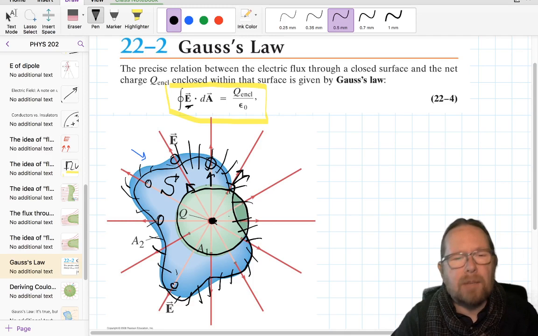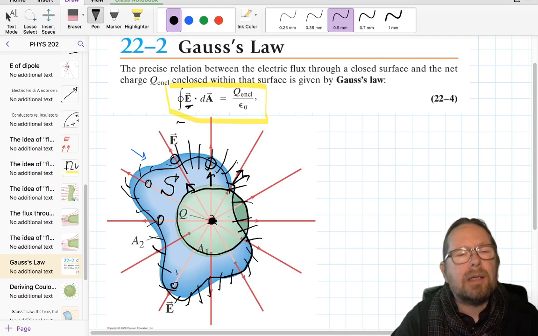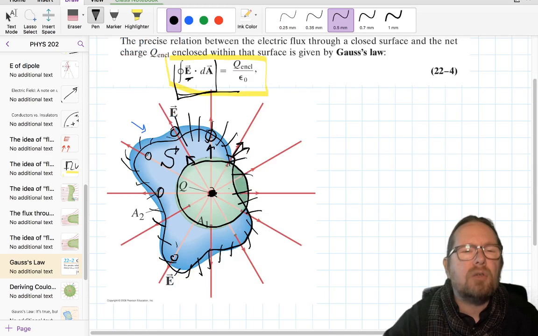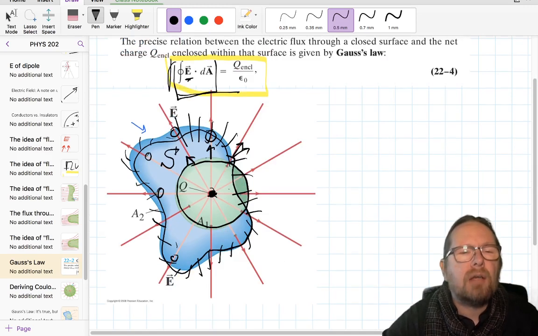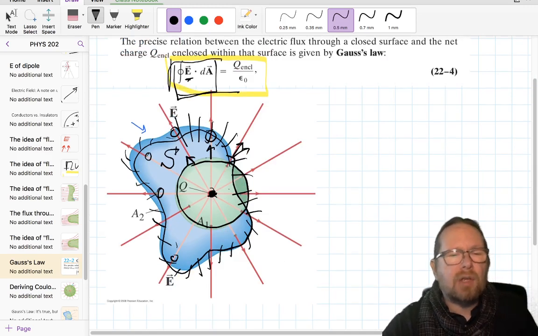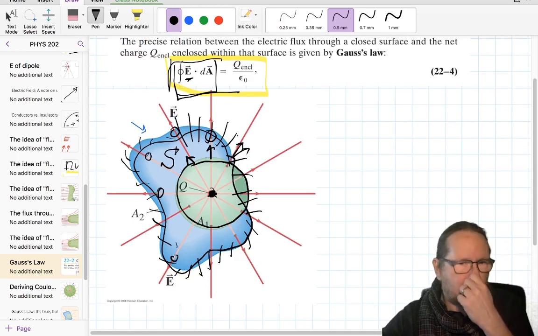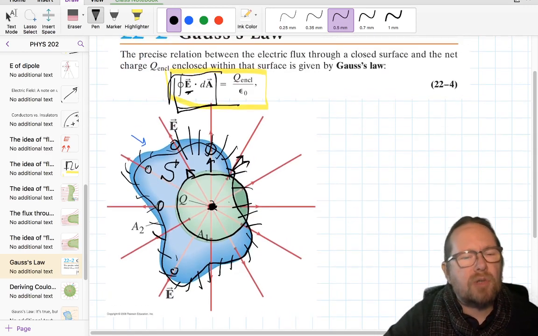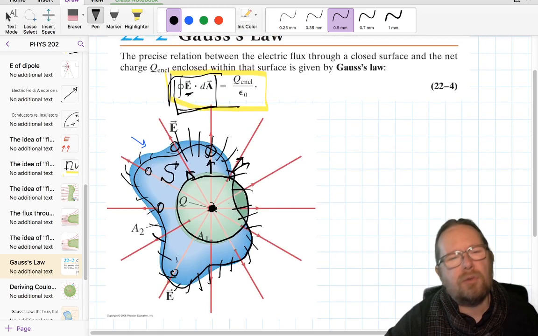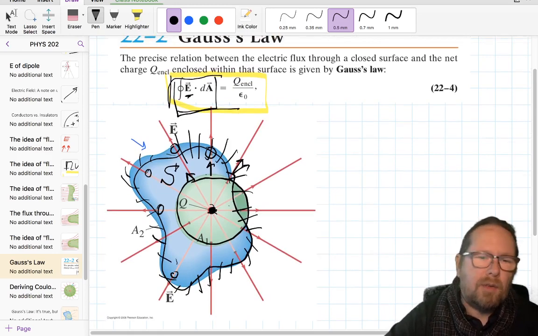So some shapes and some charge distributions will lend themselves to easier integrals that can actually be done. We can actually use Gauss's law to calculate some things, if we choose a surface and a charge distribution that lend themselves to actually being able to do this integral.